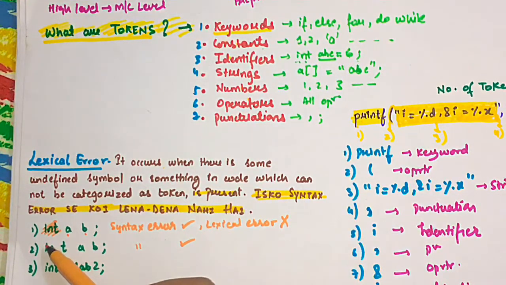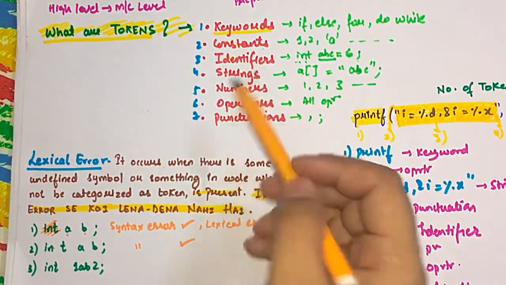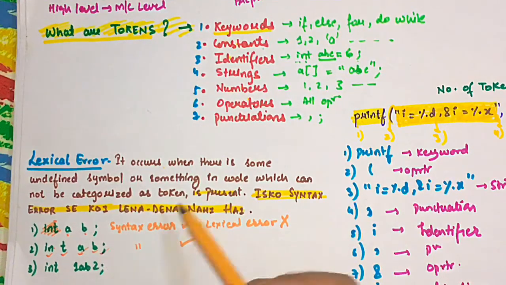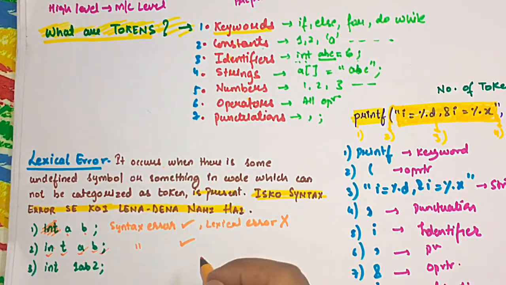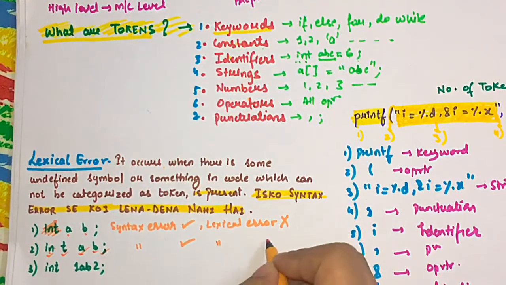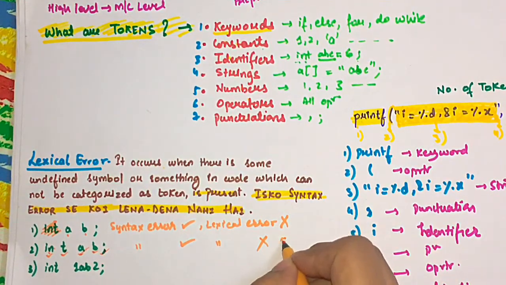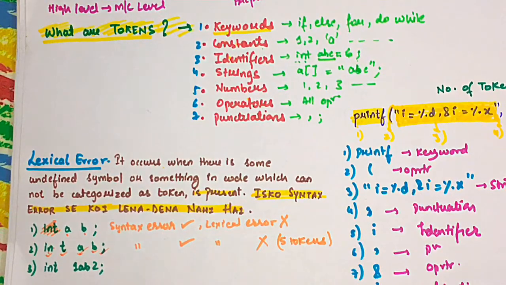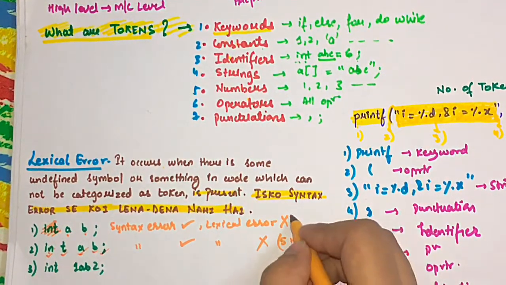Now in will be considered an identifier by the lexical analyzer, so it is okay. T will also be considered an identifier, then punctuation. So in this code also there will not be any lexical error, and the number of tokens will be 1, 2, 3, 4, 5. There will be no lexical error, and it has 5 tokens. The one above has 4 tokens.